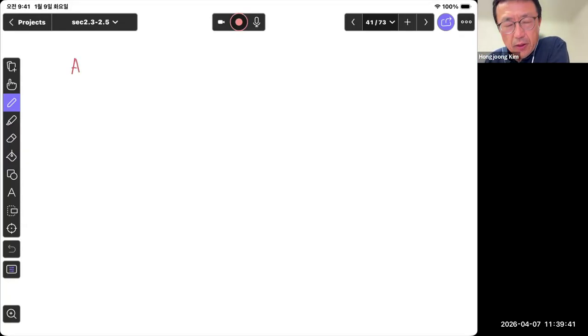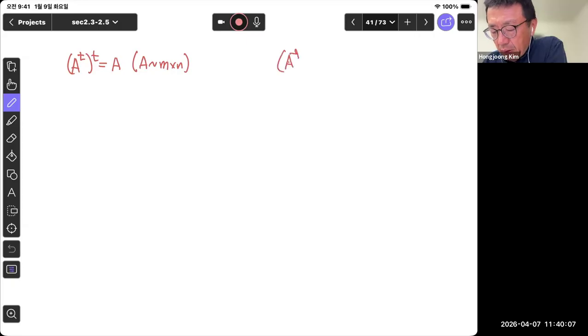So given A, the transpose of A, and then if you take the transpose again, you get the A matrix. Okay? But at this point, this A can be any m by n matrix. The inverse of A, and if you take the inverse one more time, you get this A. But here, this A must be an n by n matrix only.